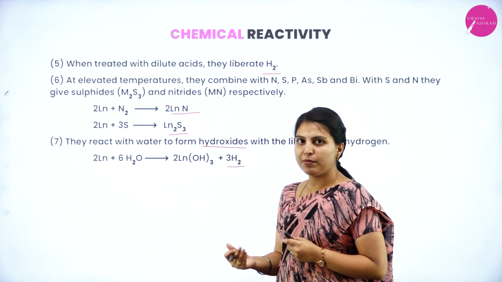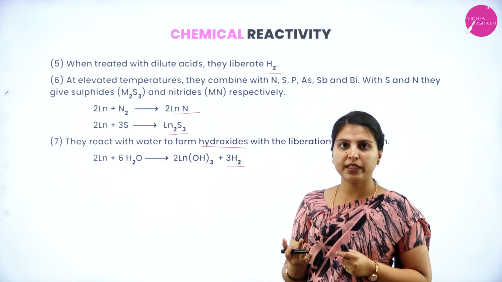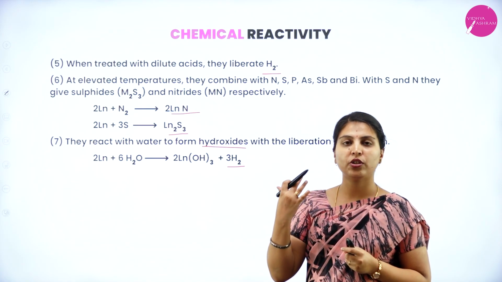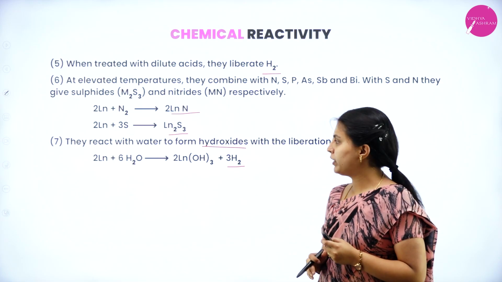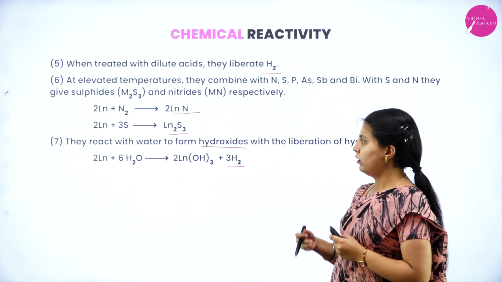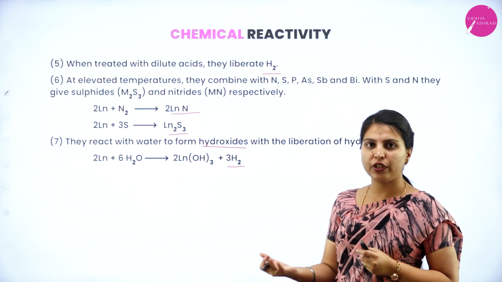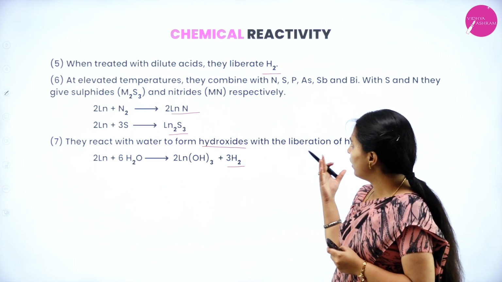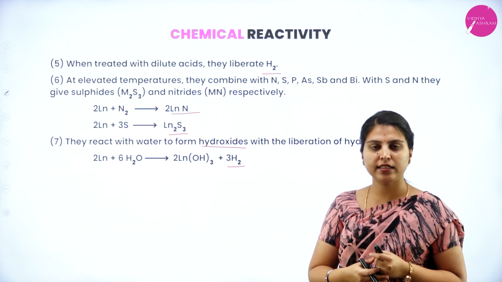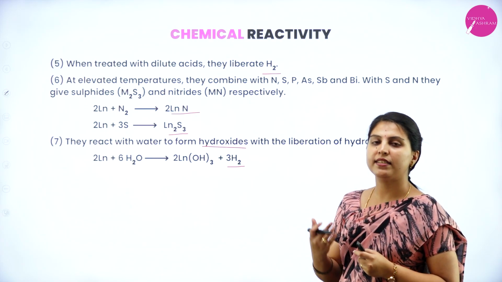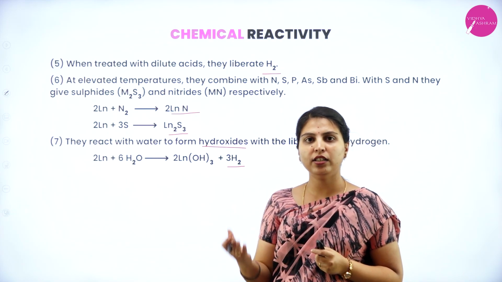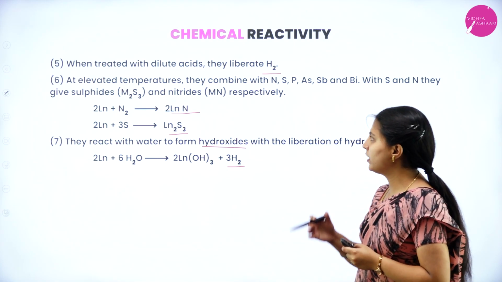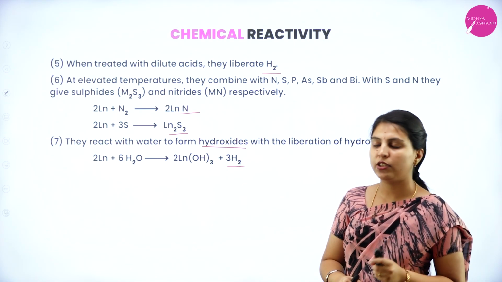Here you can observe lanthanoids have similar properties: they react with water to form hydroxides, give sulfides and nitrides, liberate hydrogen with acids, and also form carbides, halides, hydrides and oxides. So these are the chemical properties of lanthanoids.